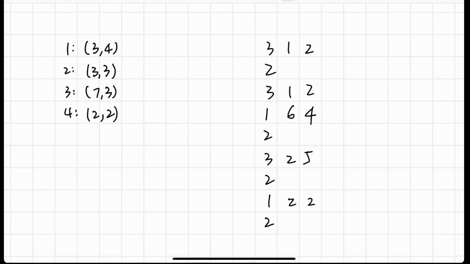The first query is of type 3, where we check whether vertices 1 and 2 are in the same component. Since these are all in separate components at the beginning, we will output no for the first query because these two vertices are not in the same component.